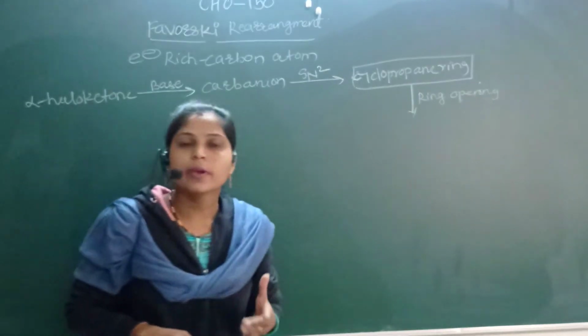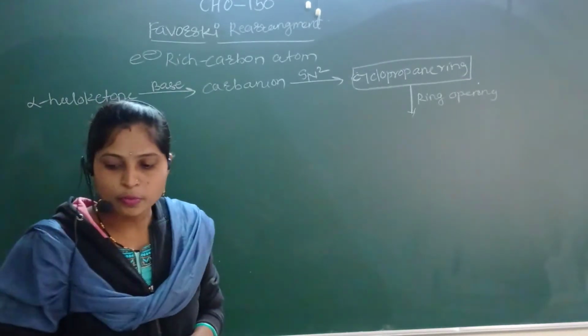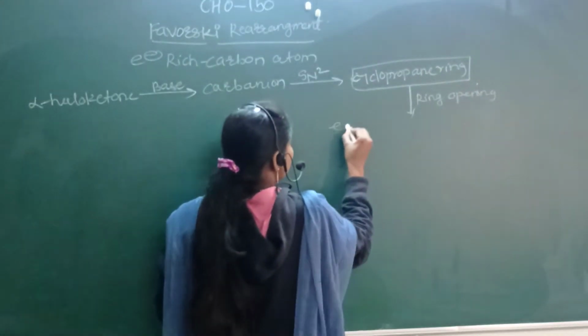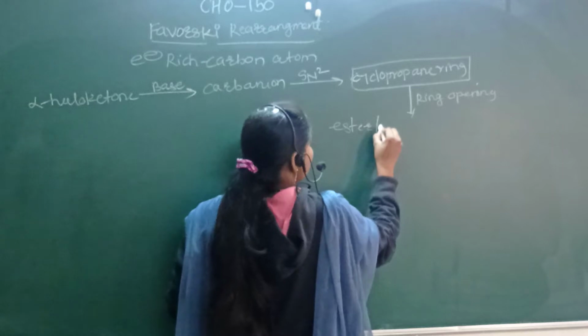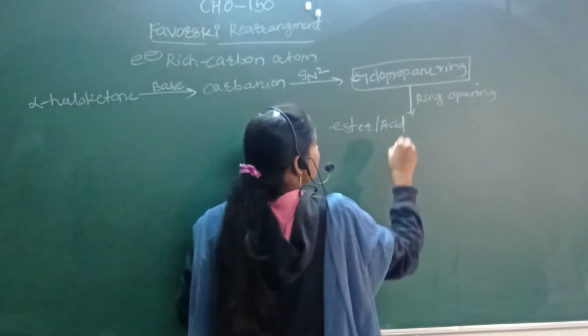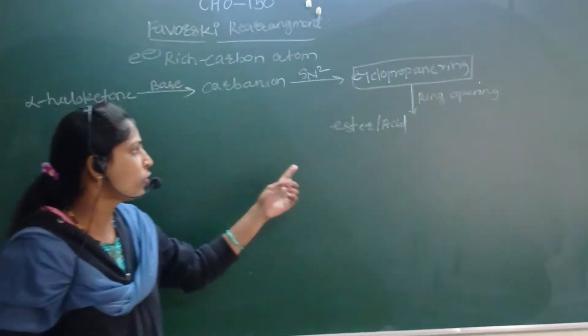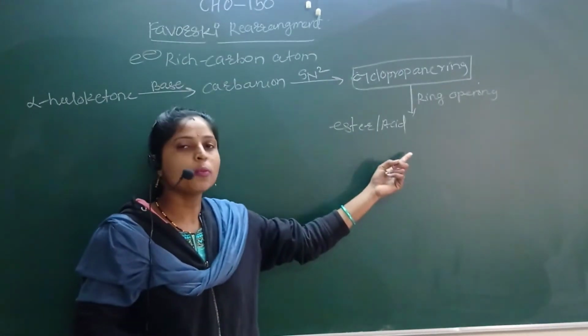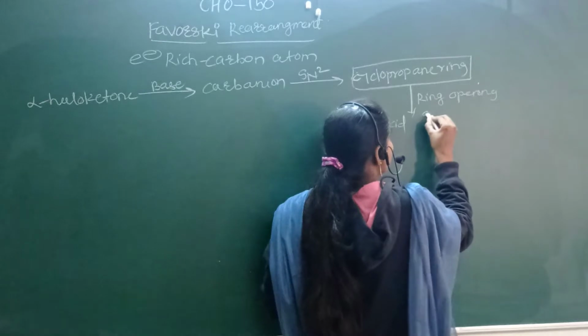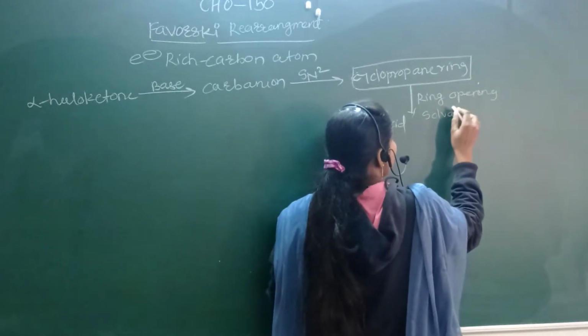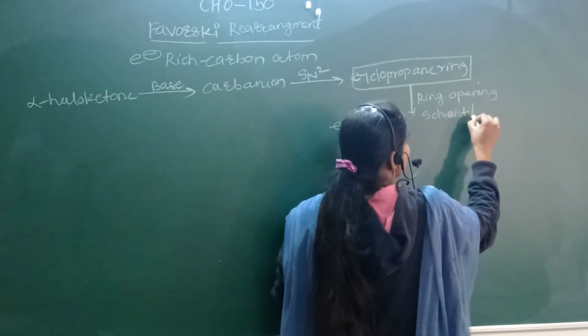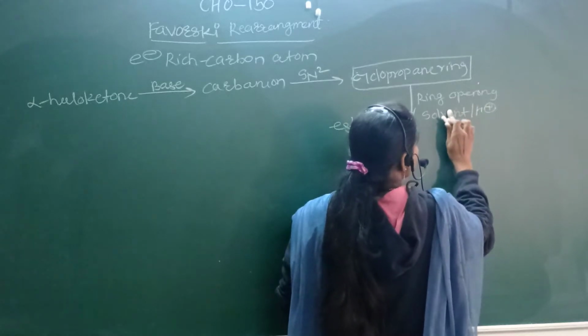So the cyclopropane ring opening takes place, with formation of the ester or acid. It depends on which type of base we use, and then the ester or acid is formed. So ring opening takes place in the presence of solvent, that is in solvation, with H plus.